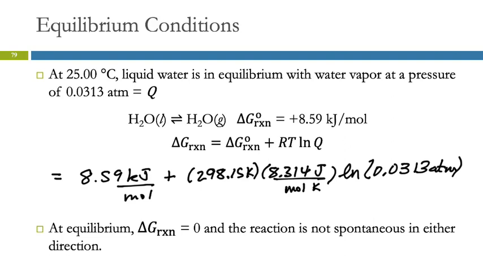So what my calculator is giving me for this answer is 3.03. The calculation is not coming out to exactly 0 because there's some rounding involved.